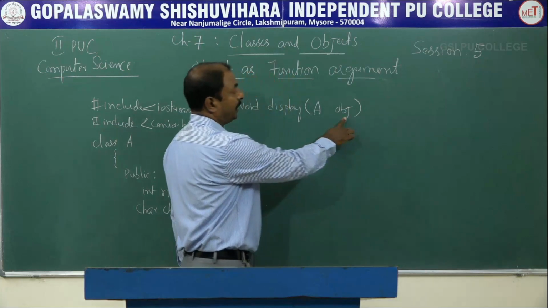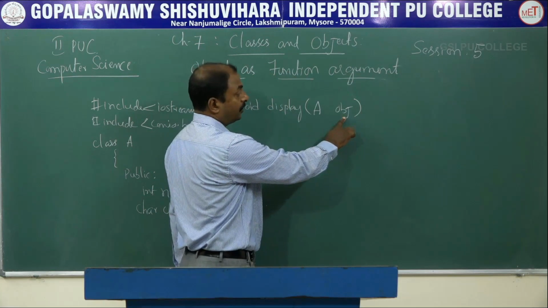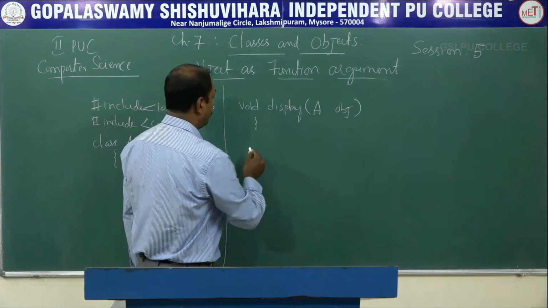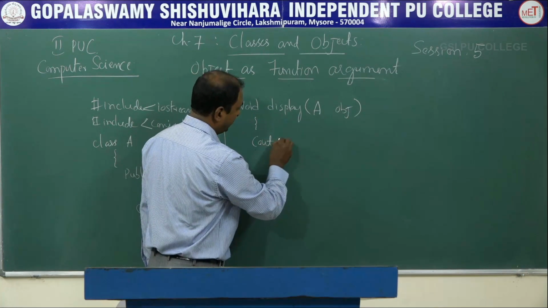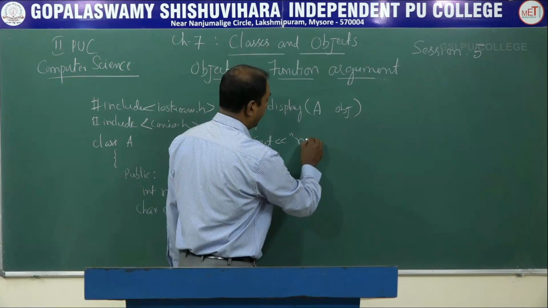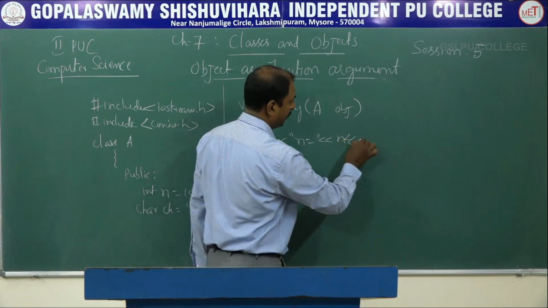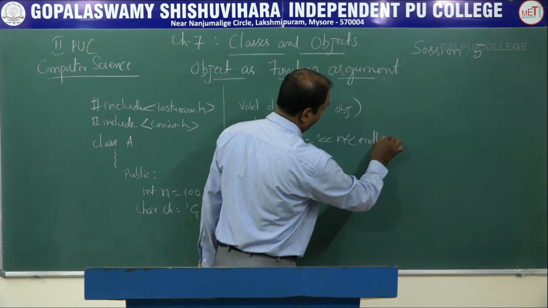Here obj is an object, and it is also a user defined name. So inside this I am going to write the statements: cout n equals n, endl.